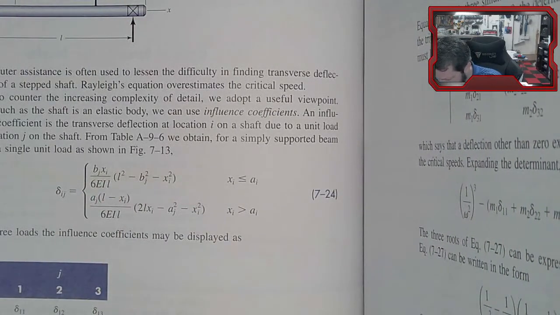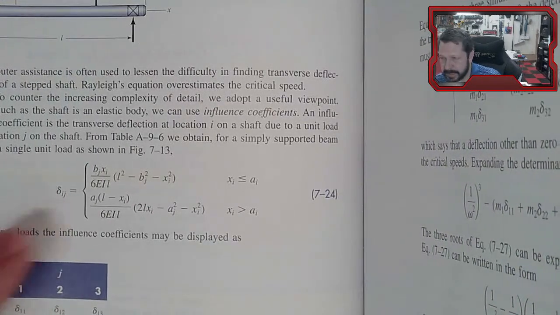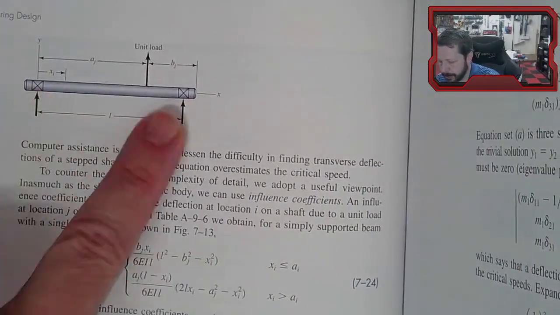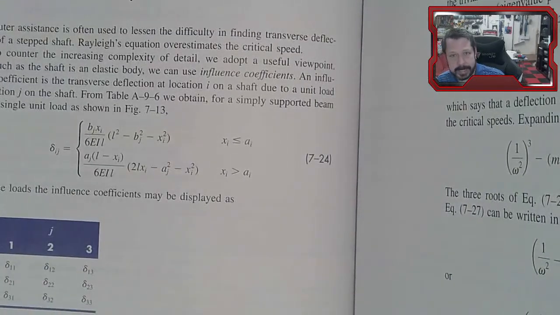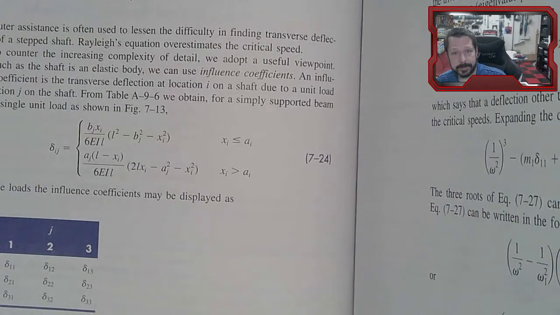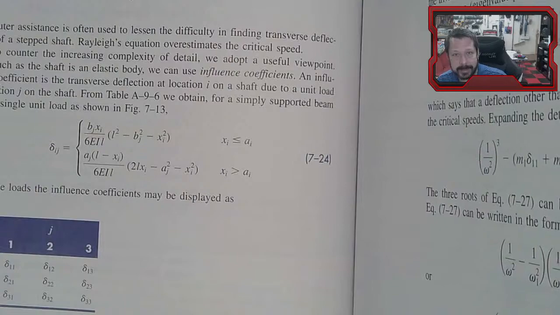And that's what we're doing here. These deltas are going to take whatever kind of setup you have, in this case, a simply supported beam with an offset load, and they're going to take all the elements that might be on a shaft, so a pulley or a gear or some kind of hub or something like that.